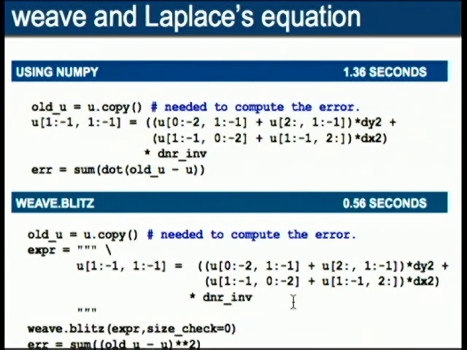We're putting it into a string, with triple-quoted strings around it, and then we hand that string off to weave.blitz. And weave.blitz knows to look inside this string, parse it, find the different arrays that we're using inside of it, grab those from the enclosing namespace, put it in compiled code, and run it, okay? It's doing a lot for us. And we get a speed up as a result. We went from 1.36 seconds down to a little over half a second.